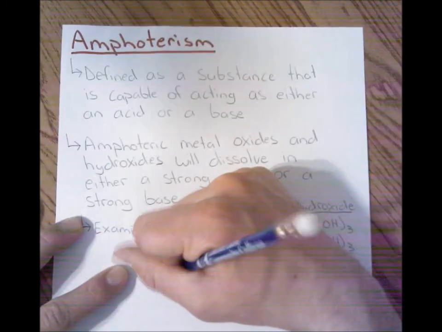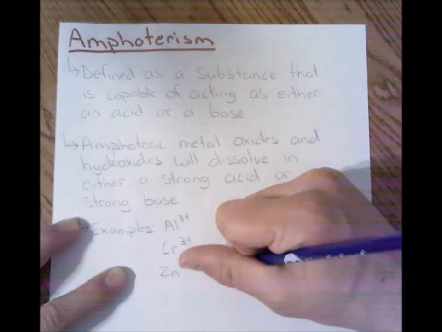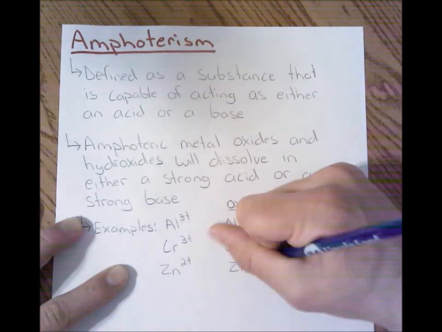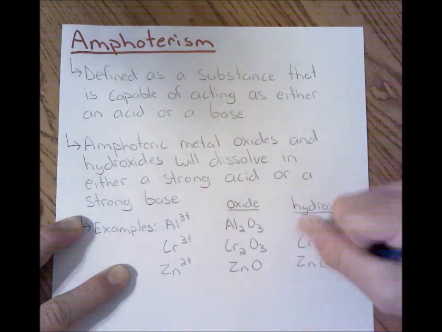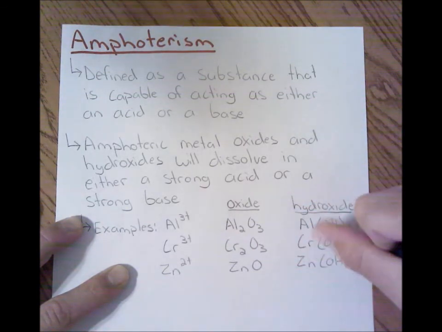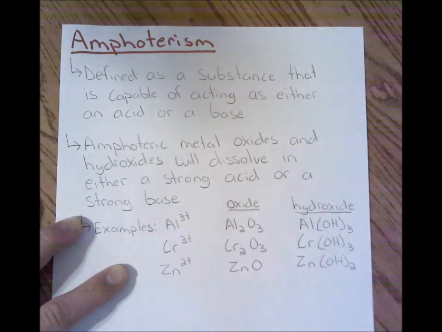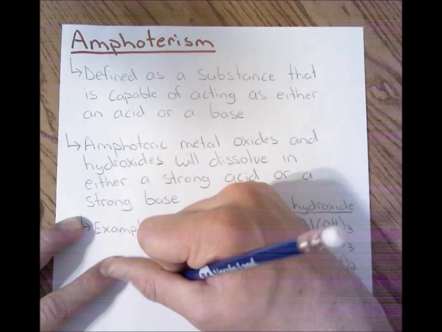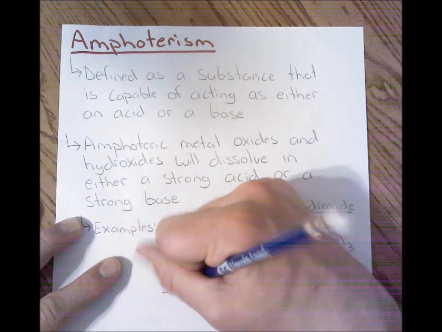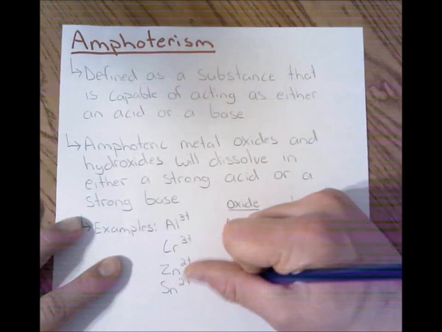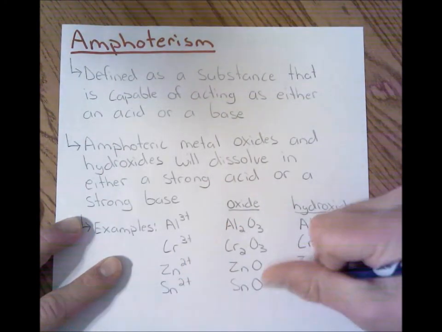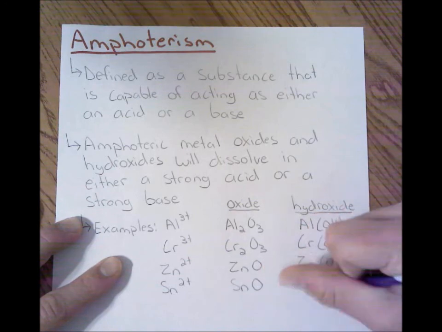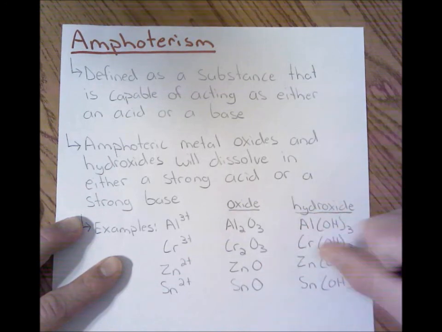And then another example that I have here is tin with that 2+ charge. And so again, we get tin oxide that looks like that, and we get tin hydroxide that would form and look like that. So these are just some of these examples that can act as an amphoteric substance, just to give you an idea.